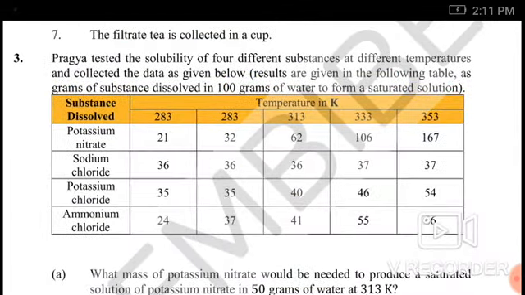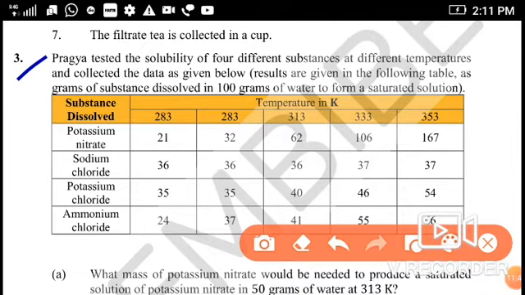Now this is the question you need to understand. Pragya tested the solubility of 4 different substances: first potassium nitrate, second sodium chloride, third potassium chloride, and fourth ammonium chloride. The data is given below.